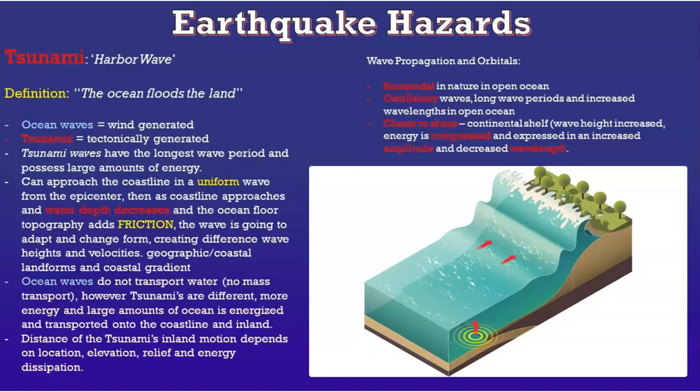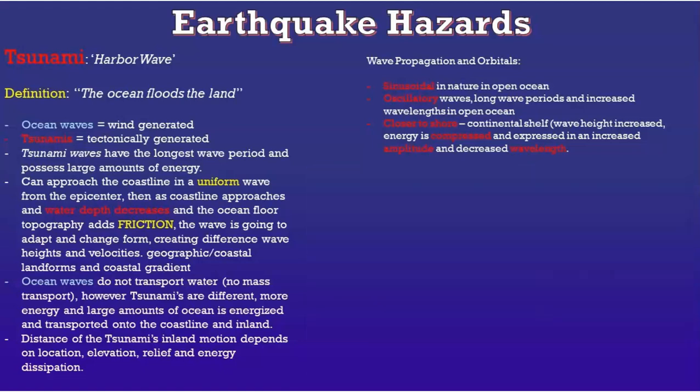It means that they have a regular, oscillating, repetitive wave pattern through the ocean with a very small wave height in open ocean. When the wave gets closer, as I mentioned before, it does change its size and the energy does kind of bunch up and create this large energy transport on land.